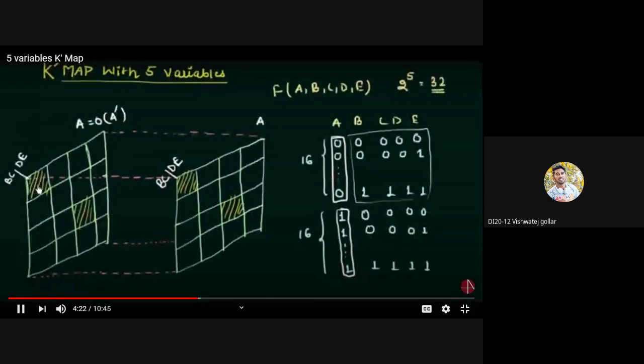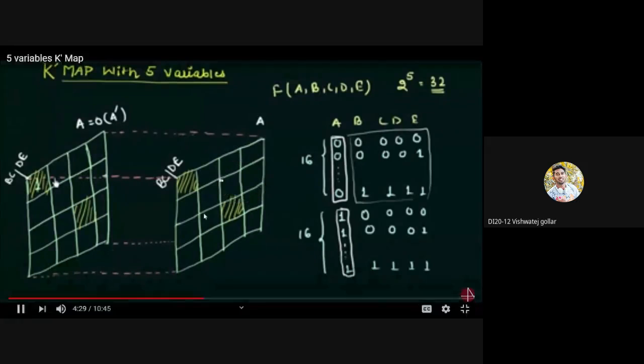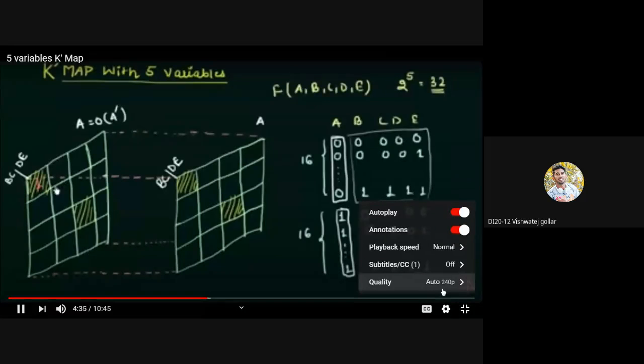This is your 1. It's hard to write on it. This is your 1. Let's change the color. 1, then 1.